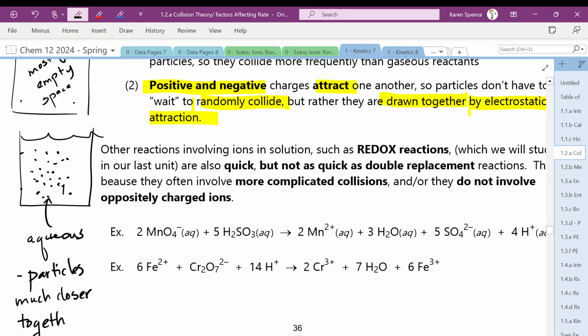And if the particles are much closer together, what can we say about the probability of a collision? Probability of a collision is higher.